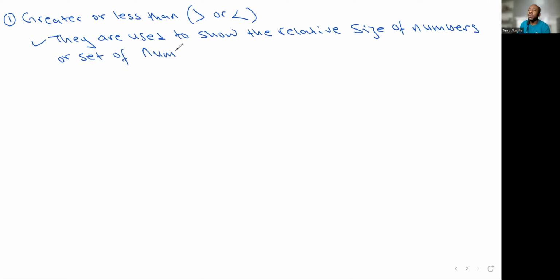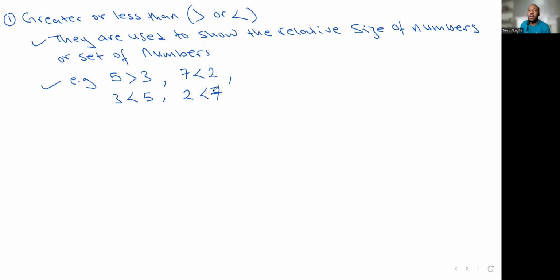Okay, so for example, now we can say 5 is greater than 3. Are you seeing it? Or you can say 7 is greater than 2. You can still rewrite this as 3 is less than 5, or you can say 2 is less than 7.